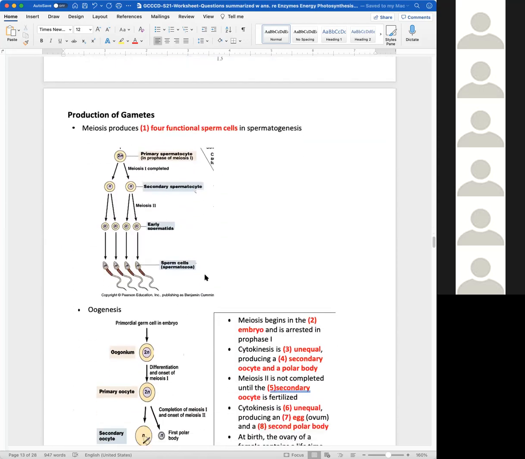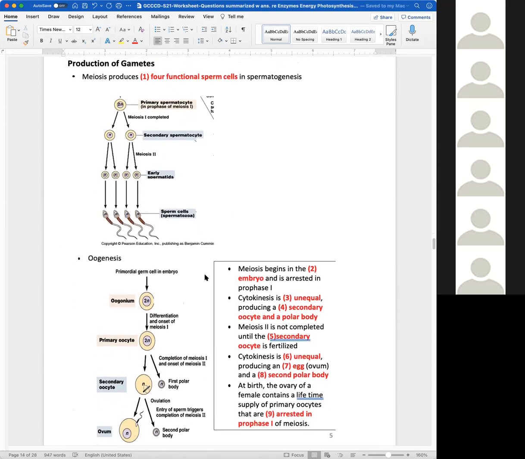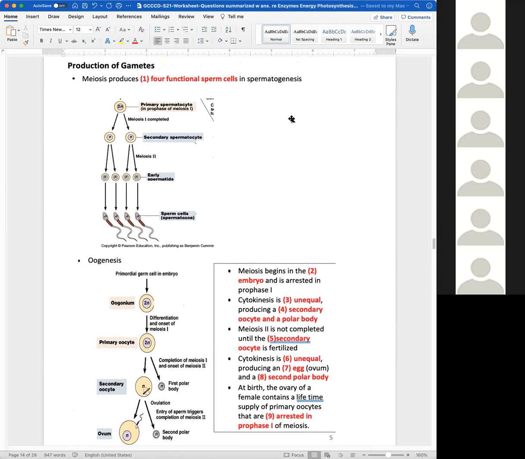So I've copied here that page 5 so that you can see the answers in red. Meiosis produces 4 functional sperm cells in spermatogenesis. And that's the only question there is about spermatogenesis.